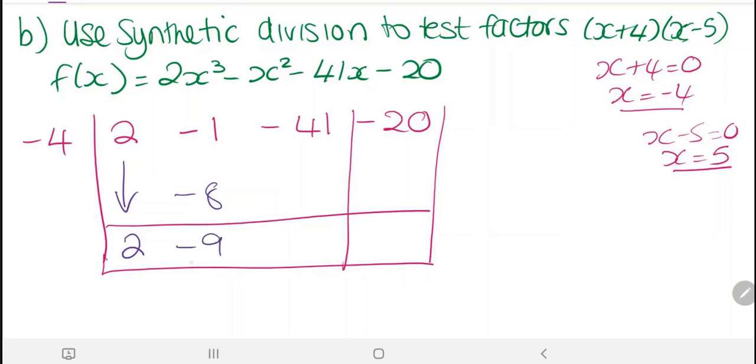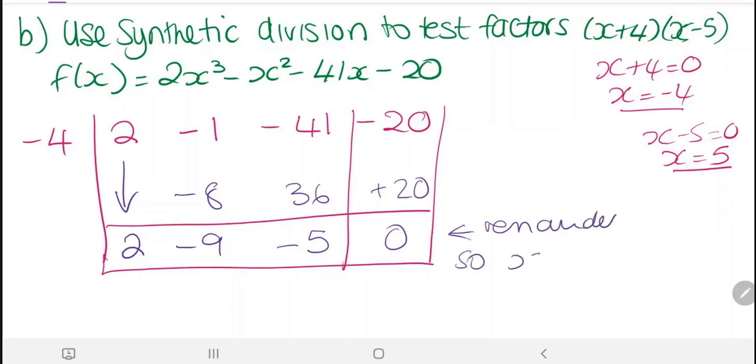Minus 9 multiplied by minus 4 is plus 36. Minus 41 plus 36 is minus 5. And minus 5 multiplied by minus 4 is plus 20. So the remainder is 0. So x plus 4 is a factor.